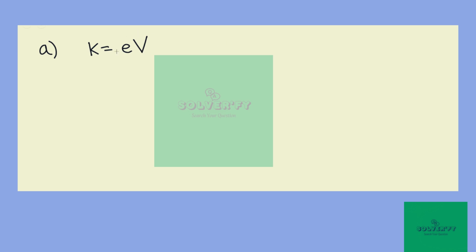And note, this is not electron volts, this is actually the electron charge e times a voltage V. We can then set this equal to 1/2 mv squared, the definition of kinetic energy. And we can solve for the velocity, which will give us root 2 times electron charge times voltage over the mass.